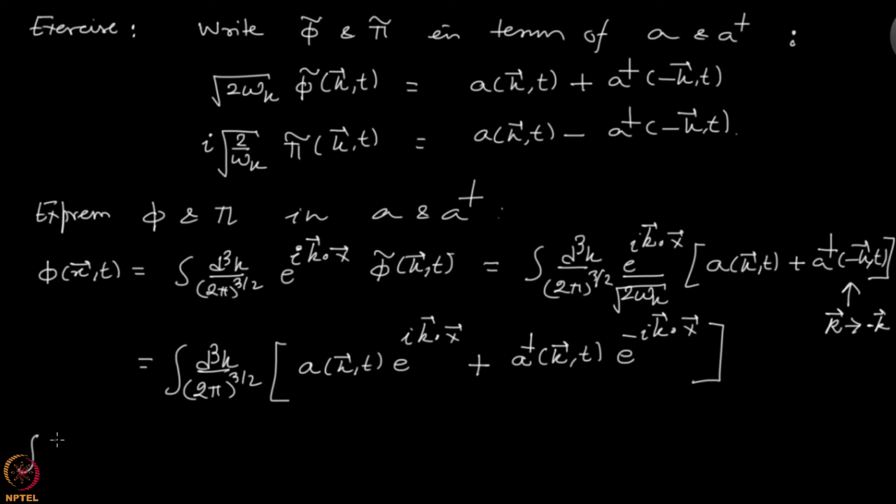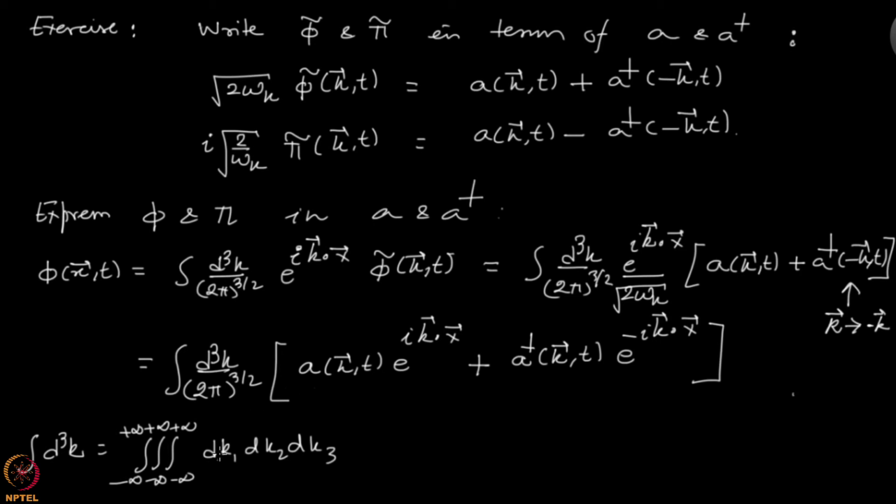So if you look at d^3k, that is just this. The three components of k are k1, k2, k3, and the integration runs from minus infinity to plus infinity. When I change the variable from k to minus k, then my k1 goes to minus k1.